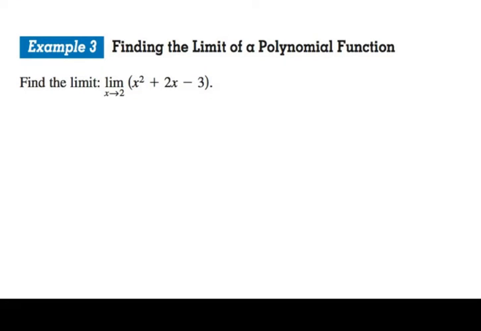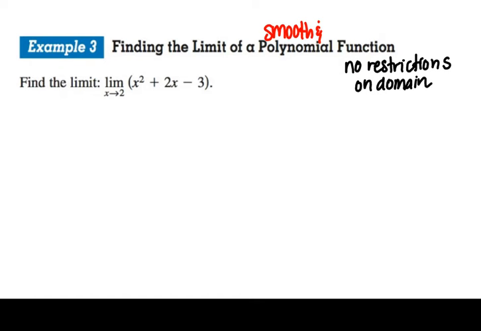Let's get some practice. Finding the limit of a polynomial function. Big thing here is that you don't have any restrictions. So there's no restrictions. You have no denominator, you have no radical, you have no restrictions on the domain. We know that polynomial functions are smooth and continuous.